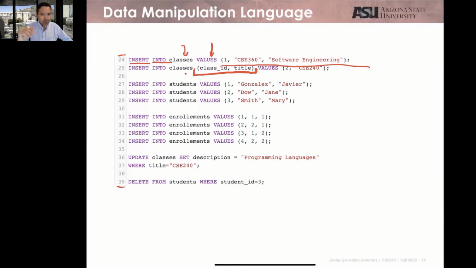I do not want to use the other one, the description. And then VALUES, and it's okay if I provide only 2 values, because I mentioned the names of the columns. If I do not mention the names of the columns, I need to provide all the values for all the columns. Makes sense, right?